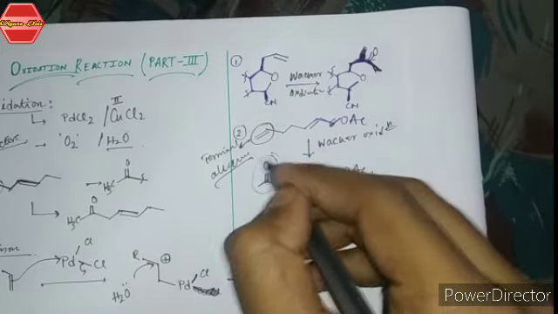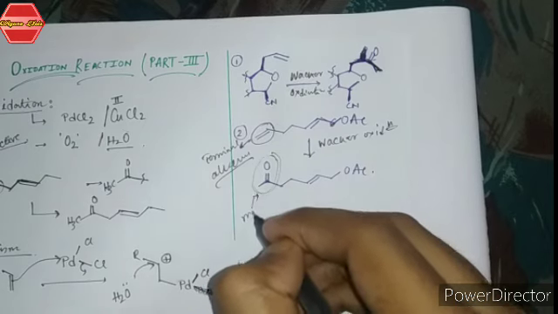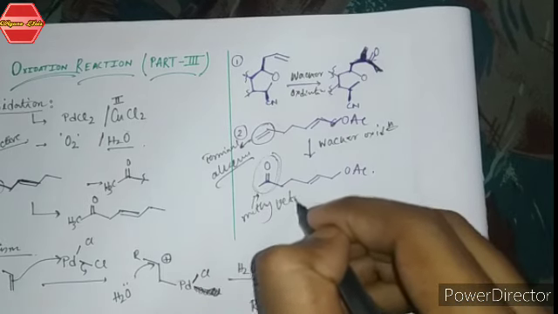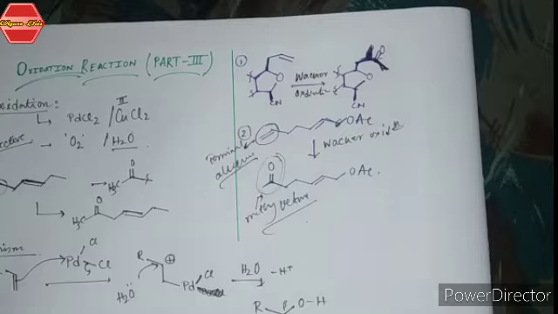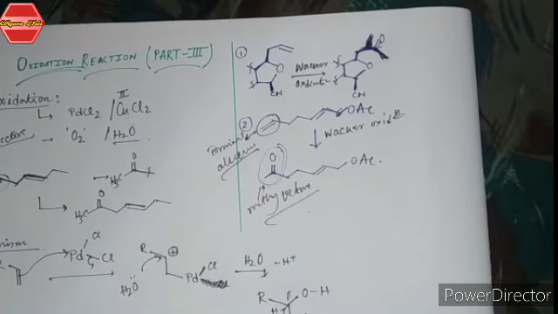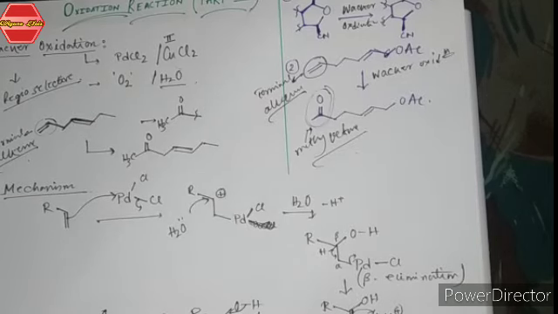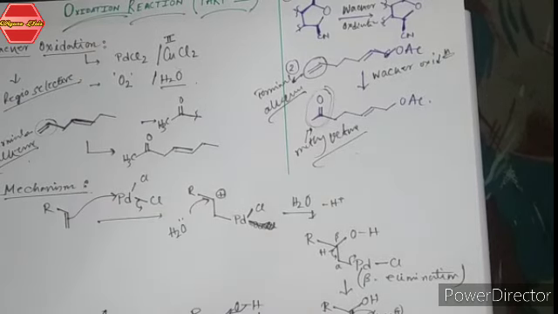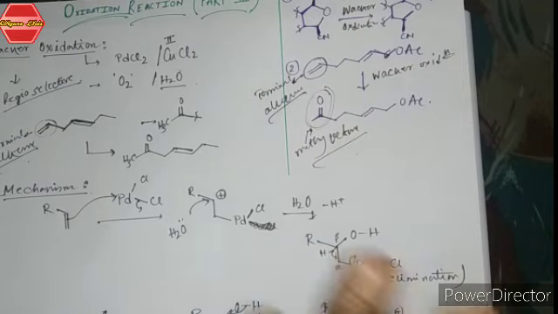So this part is called the methyl ketone. Okay, so this is how the overall mechanism proceeds, and this is the probable mechanism of this reaction. Now this is Wacker oxidation.